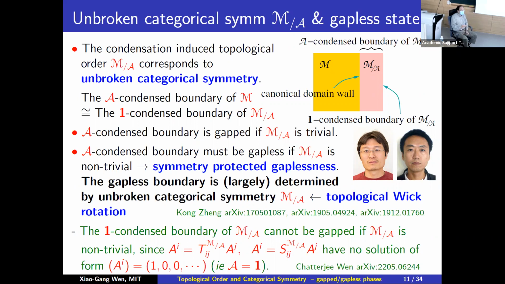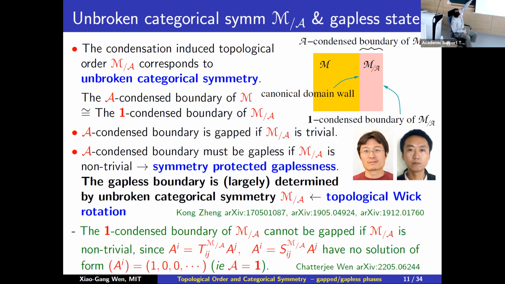And then you may say, well, this topological order M/A may have additional anyon condensation, but then we have too much. What I try to describe here is that we want to use this construction to only describe a boundary with only A condensation. But A already condensed from M to M/A.